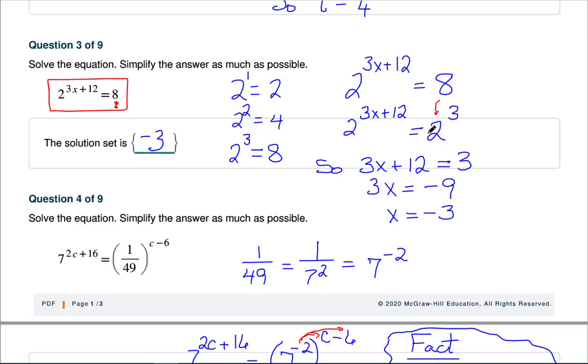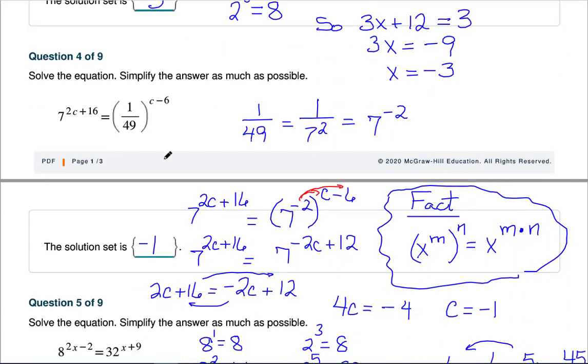Well, the only way these two things can be equal is if the exponent parts are equal. So I'll set them equal. And now we solve this equation. Move the 12. 3 minus 12 is minus 9. Divide both sides by 3. And I get x is minus 3. Okay. Hopefully not too bad.